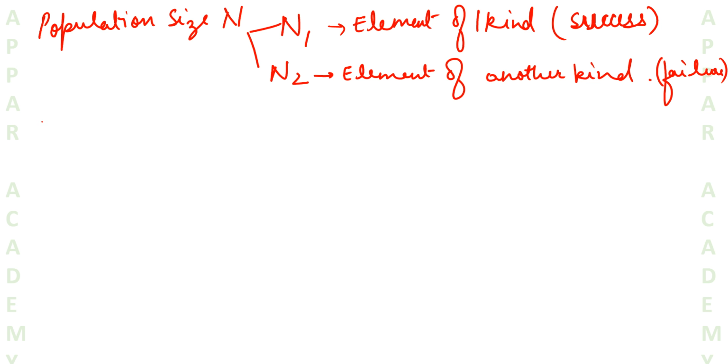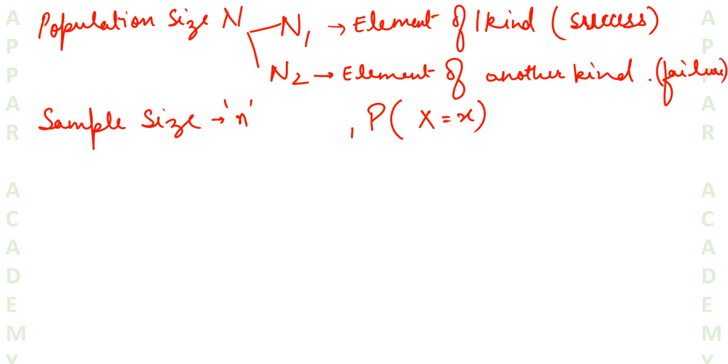So now let's suppose I'm picking up a sample, and the sample size is denoted by small n, right? And let's suppose I'm trying to find the probability of X equal to small x.